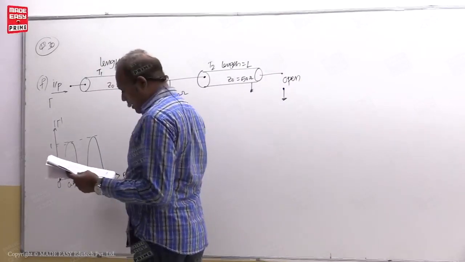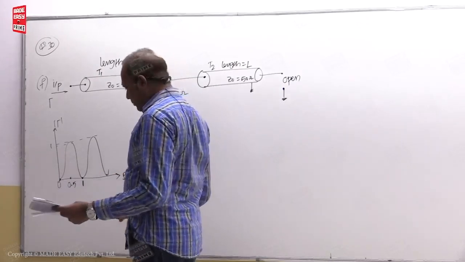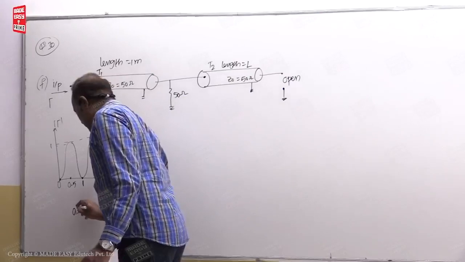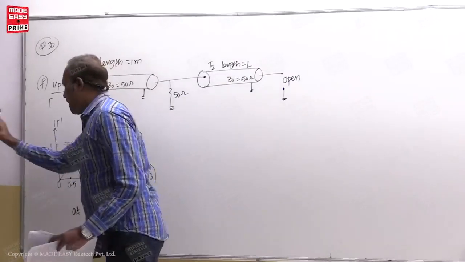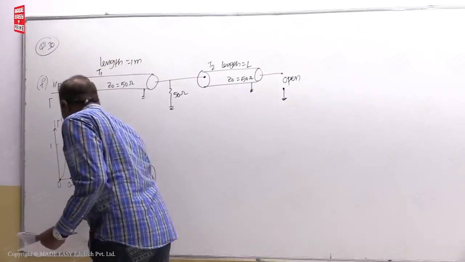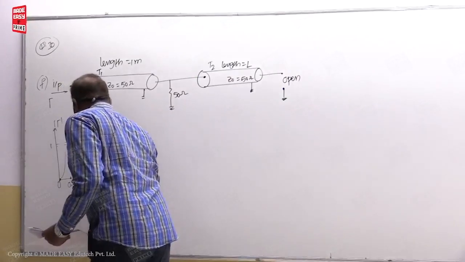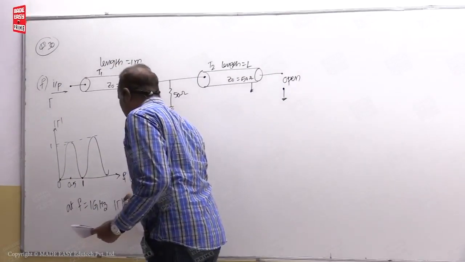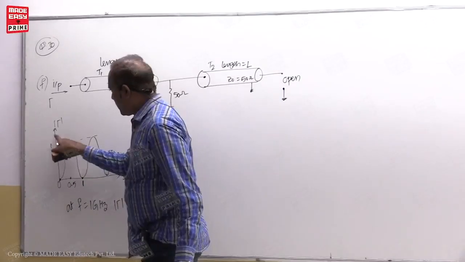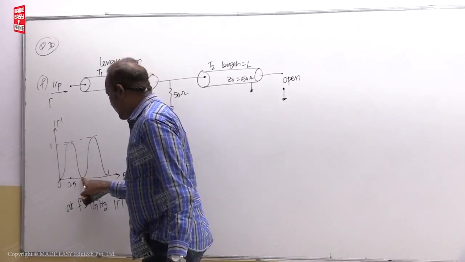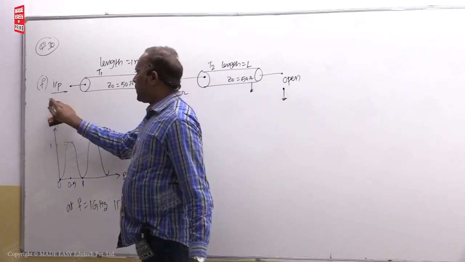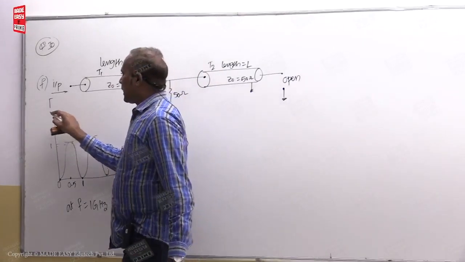For example, the least value of frequency is here. So at f equal to 1 gigahertz, modulus of gamma is equal to 0. You can see here now, mod gamma is 0 at 1 gigahertz frequency. That means mod gamma is 0 here at 1 gigahertz.